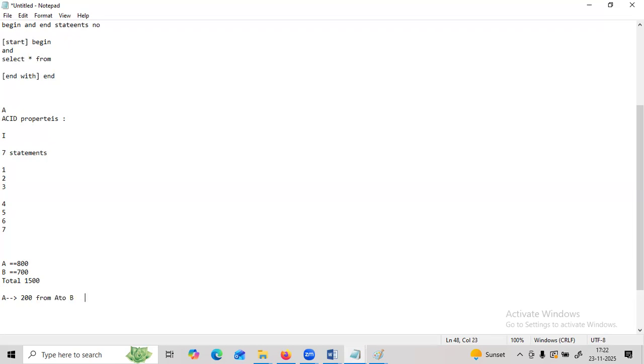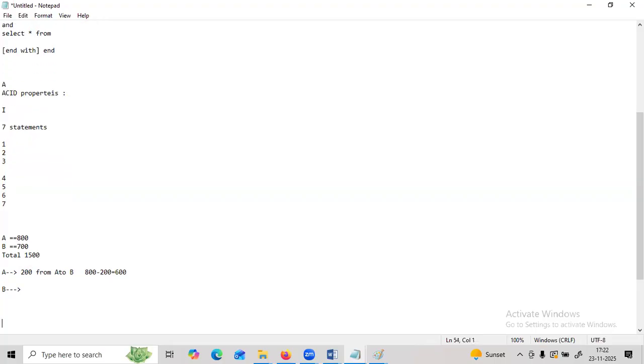So 800 minus 200 equals 600. Once we transferred, how much should the B account have? 700 plus 200 equals 900.